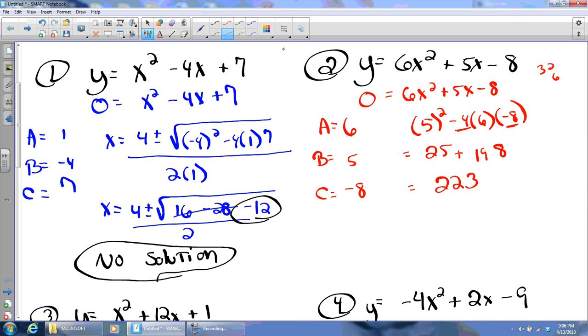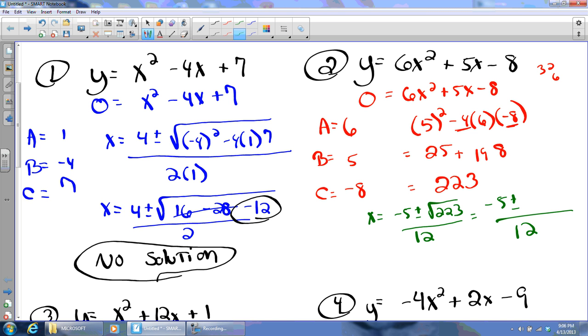Now, I'm not done with the problem. That's just my discriminant. So now I still have to go x equals the negative of b plus or minus the square root of 223 all over 12. Well, it's the same as negative 5 plus or minus, over 12, and I'll have to crunch the square root of 223.